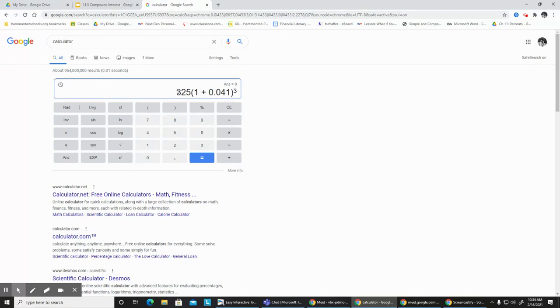So this is what you're plugging in: P, parentheses, 1 plus your rate, close parentheses, raised to your time. So you're just taking that formula and you're plugging in your variables. You're going to hit enter.